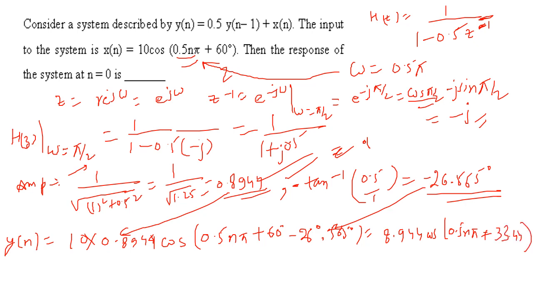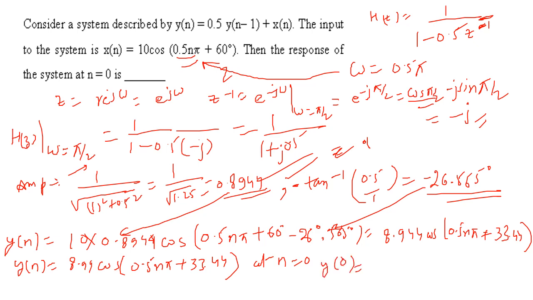Now if I write it once again, it is 8.944 cos of 0.5 pi n plus 33.44. Now at n equals 0, y of 0 is equal to 8.944 cos, the 0.5 pi n term goes to 0, so we are left with only 33.44.